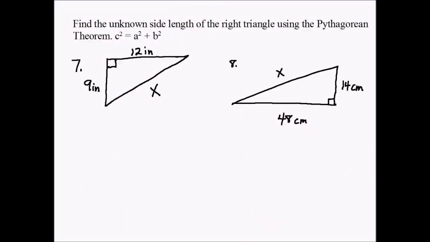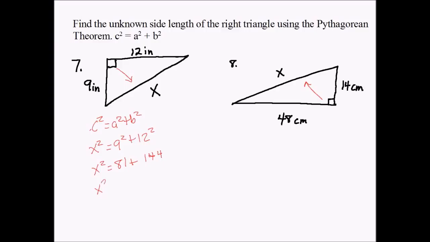And finally, the last two things, find the unknown side length. So real quick, we can just go ahead and figure what these things are. So these are both my hypotenuse. So x is going to be my c squared. So this is going to be x squared equals 9 squared plus 12 squared. So it's going to be x squared equals 81 plus 144. That is a 4, I promise.